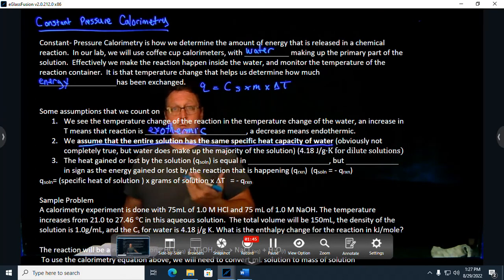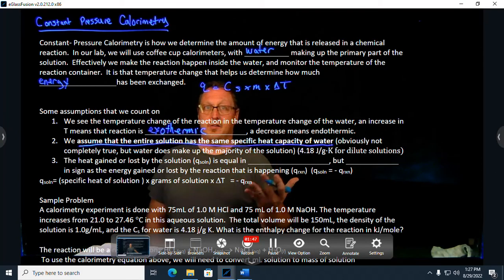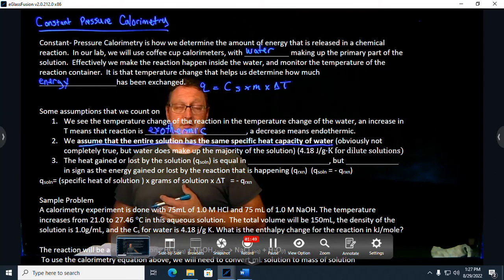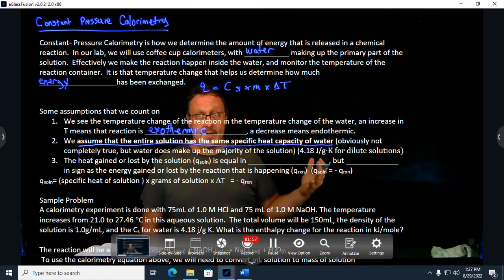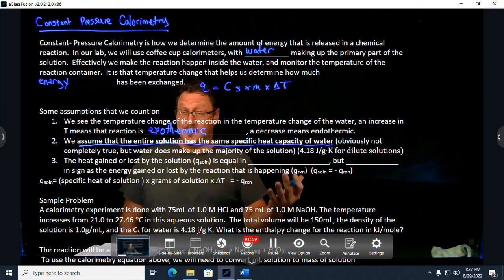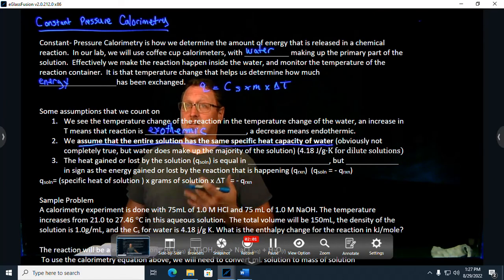But water is the primary component making the solution up. And because that's the way it is, we're taking the liberty and we're just going to say that the water does it all. It's not true, it's an assumption, but it makes the math easier for us, and that's how we're going to get around it. But it's accurate enough for what we're doing.